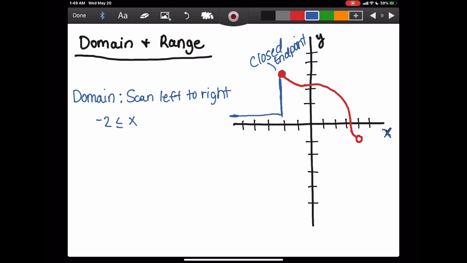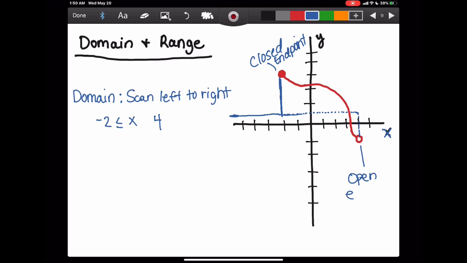Now I'm going to continue measuring until I get to the furthest part on my graph on the x-axis. Would I stop at the actual graph right here? No, I wouldn't, because I want to get the furthest part on the graph that's associated with the x-axis, and that's going to be right here at a +4. But right here, I don't have a closed endpoint.